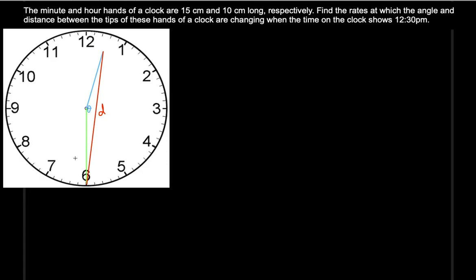Also, we can label the lengths of the hour and minute hands. The length of the minute hand of a clock is going to be 15 centimeters, because obviously the minute hand is longer than the hour hand. And the hour hand length is 10 centimeters.